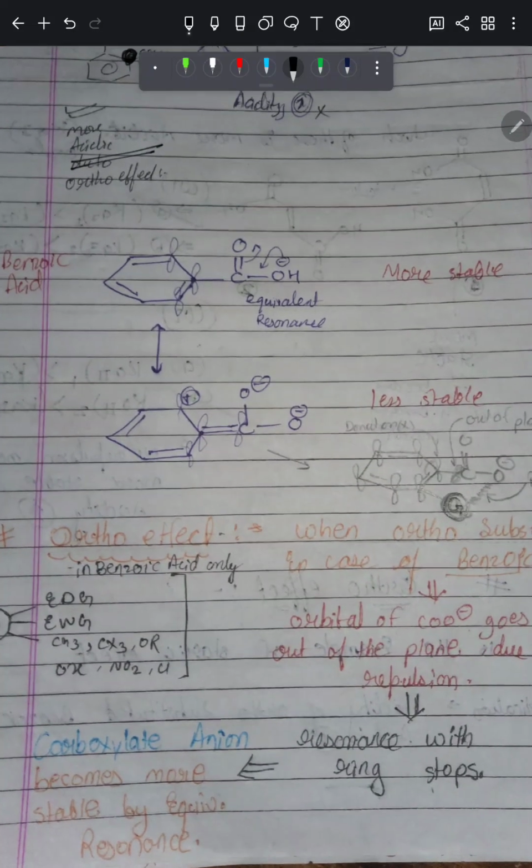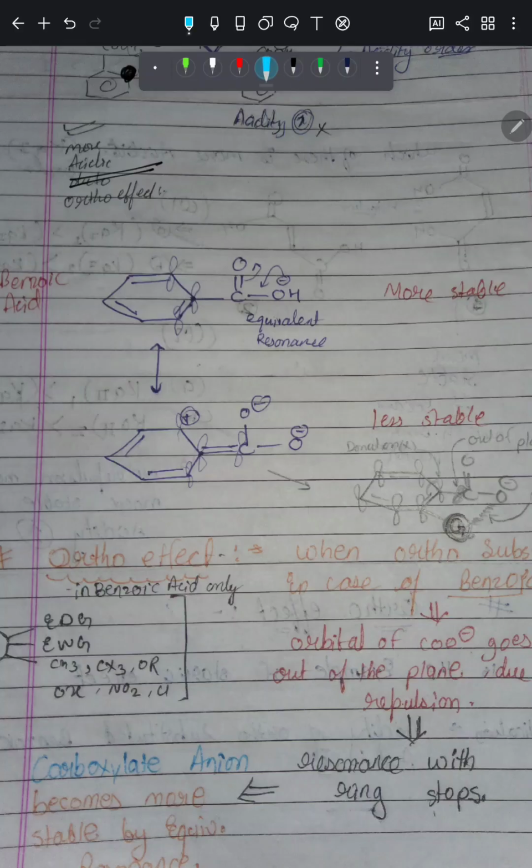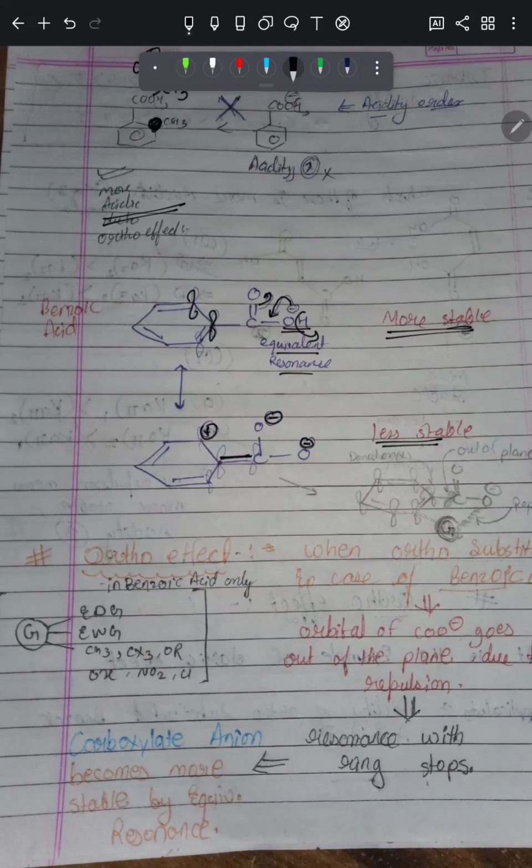As we have seen in case of benzoic acid, the presence of this group is in resonance, and these bonds are present in equivalent resonance. So this is more stable and this is less stable. Why is this less stable? Due to presence of this negative charge. If hydrogen is removed, then another negative charge is present here, and if this bond is formed in this position and a positive charge is here, this will be less stable as compared to this, due to equivalent resonance. So what is the ortho effect?